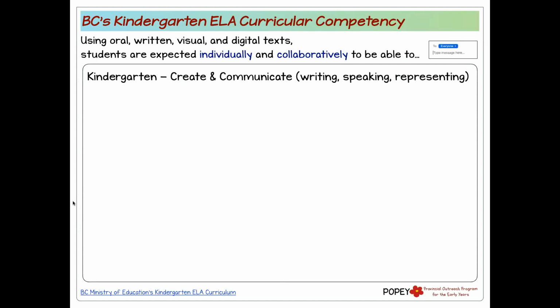What do you think are some phrases or keywords or skills that in kindergarten we want to see our kindergartners do when it comes to writing, speaking, and representing, thinking that we're laying the groundwork and the foundation for getting them ready to become more proficient and able writers as they move through the year and into grade 1?